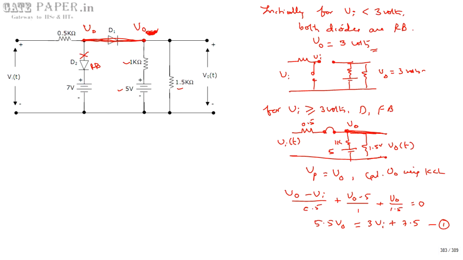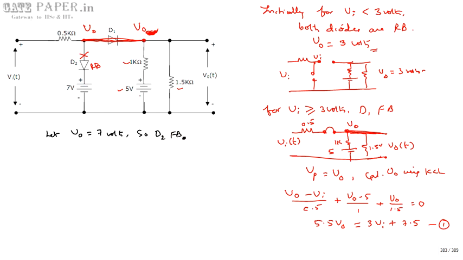So whenever D1 is forward biased, the relationship between V0 and Vi is given by equation 1. As Vi increases, V0 also increases. At one point, V0 may become 7 volts, so that diode D2 becomes forward biased. So we assume that V0 is equal to 7 volts, and D2 becomes forward biased.